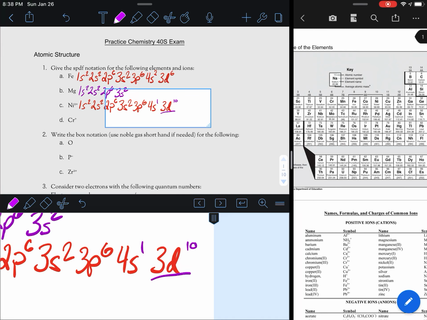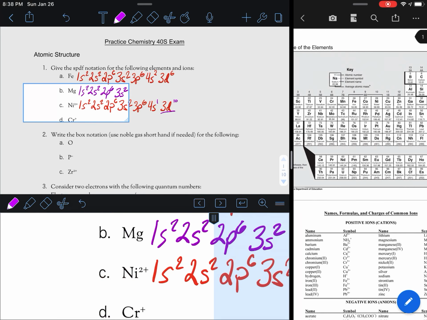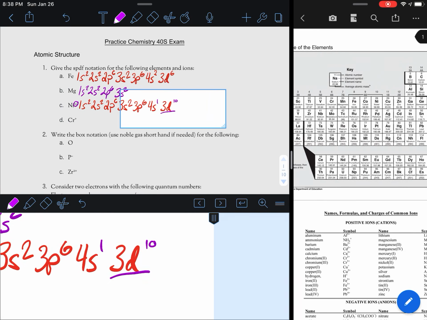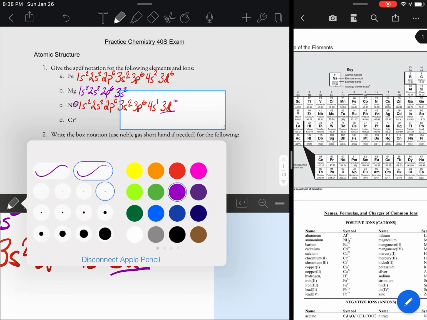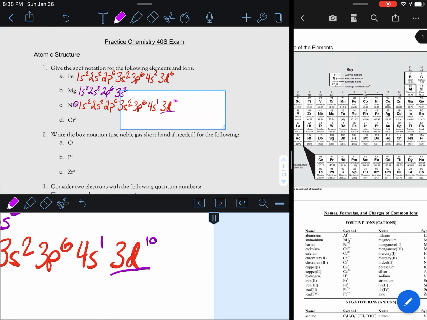Okay, so that's stable nickel, but they have asked about nickel 2+.